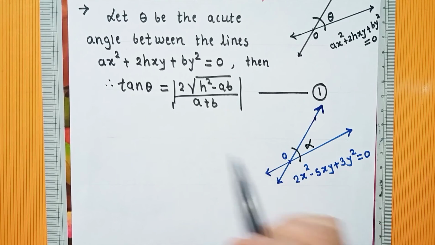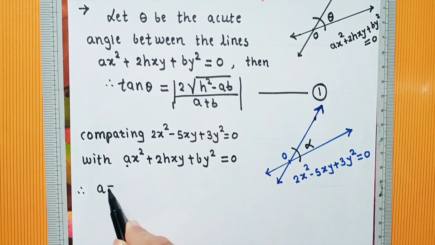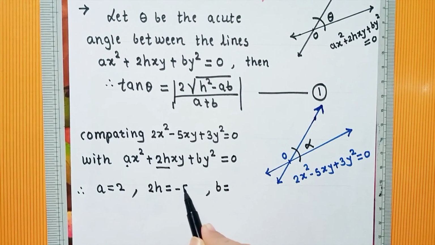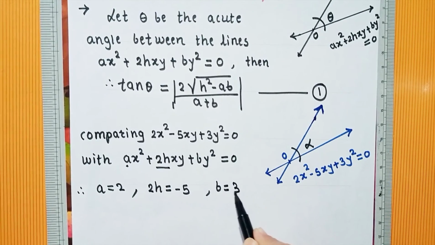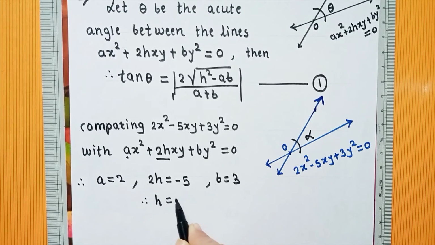So first comparing this equation with this, and therefore a is equal to 2, this twice h equal to minus 5, and b equal to 3, and therefore h is equal to minus 5 by 2.